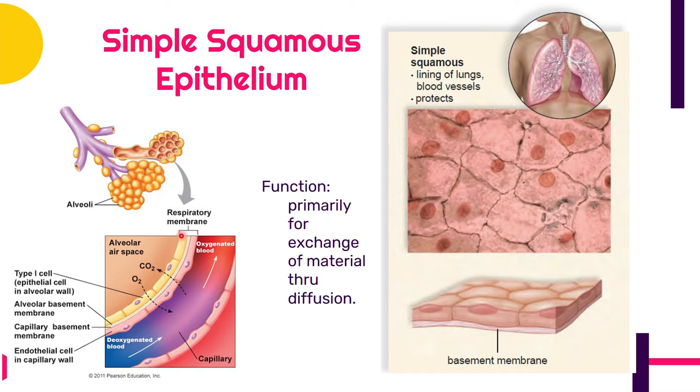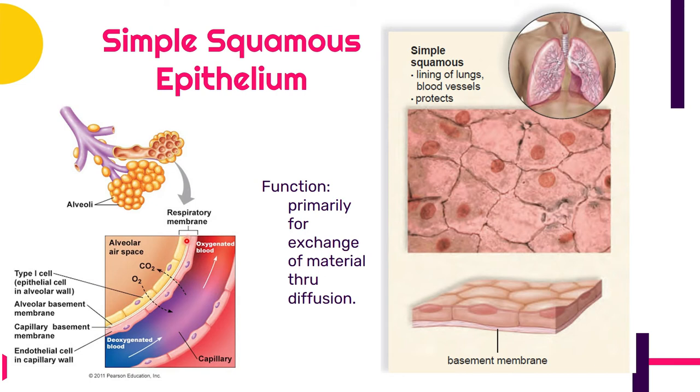So, for example, this is the wall of our air sac or alveoli. Then next to it is a blood vessel, specifically a capillary. The walls of our blood vessel are also simple squamous epithelium. And the lining of our alveolus or air sac is also simple squamous epithelium.